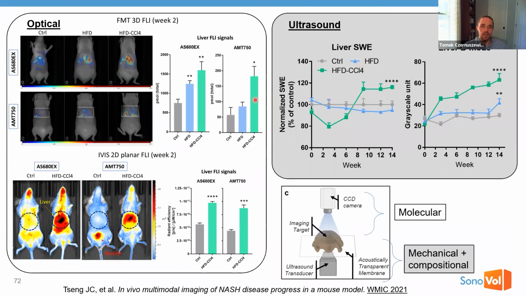And indeed, we saw rises in all three parameters, which is expected as these mice are going into this NASH phenotype. So we're excited to explore the multimodal aspects and essentially offer a quad modal, if you will, type system, where you have backscatter, stiffness, perfusion, and inflammation that can be mapped with these optical techniques.